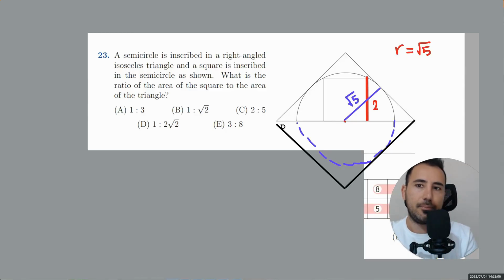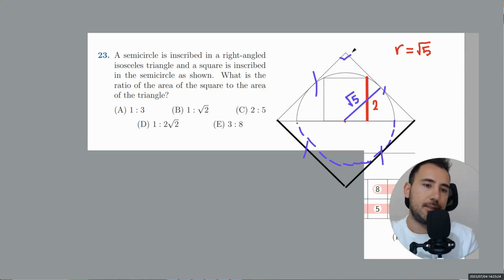It said this was an isosceles triangle. So this side is the same as this side, and this side is equal to this side, 90 degrees. So this is a square. So we just have to find the area of the square and divide it by 2. It will give us the area of the triangle.